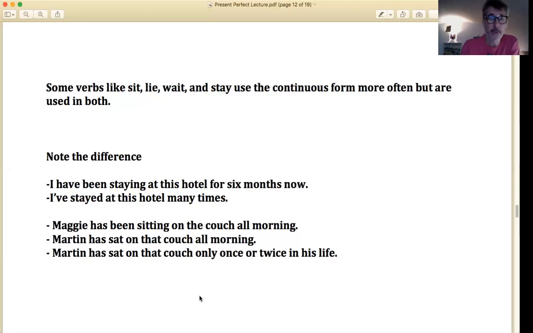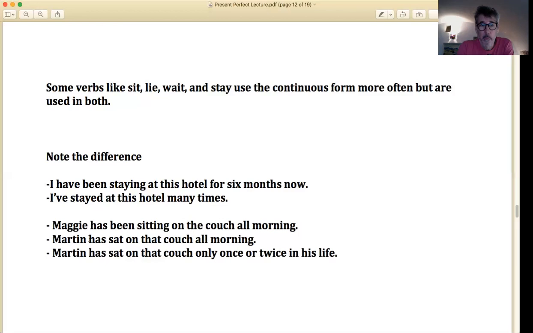So here's another example where the meaning actually isn't different. Here, the meaning's different. So Maggie has been sitting on the couch all morning. So where is Maggie right now? She's still on the couch. She's got her phone out. She's been watching TikTok stuff and YouTube and Instagram like all morning.